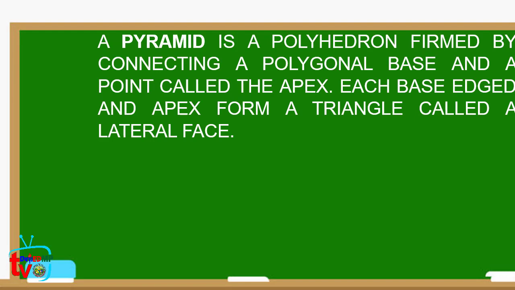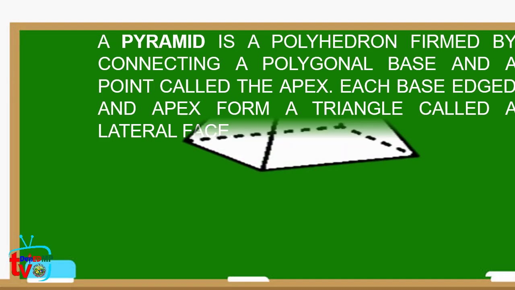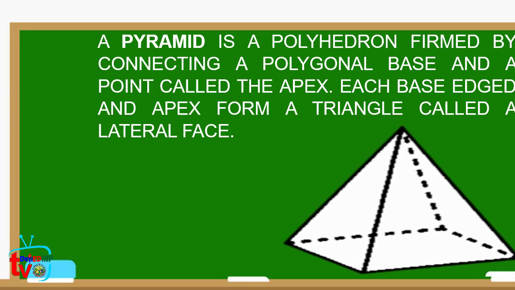Another one is a pyramid. A pyramid is a polyhedron formed by connecting a polygonal base and a point called the apex. Each base, edge, and apex form a triangle called lateral face.